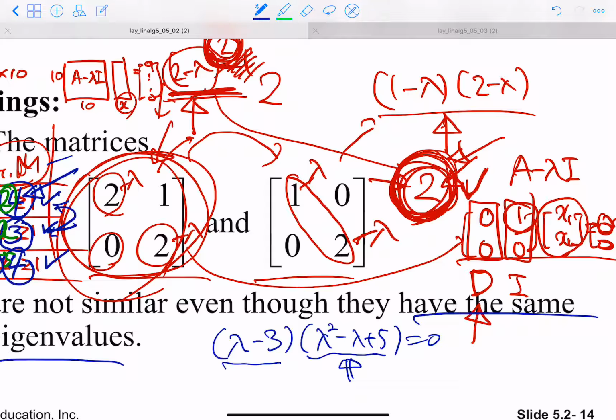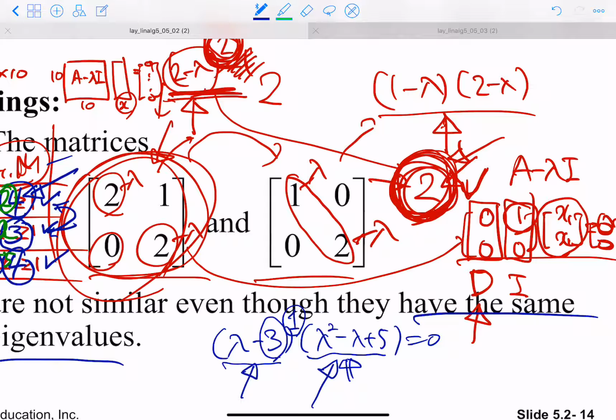It is not diagonalizable because our algebraic multiplicity for the real root, which is 3, is 1, right? So at most we can find only one linearly independent basis for our eigenspace for this real root. For the complex roots or complex eigenvalues, we just ignore them, or we exclude them as our possible eigenvalues, right?